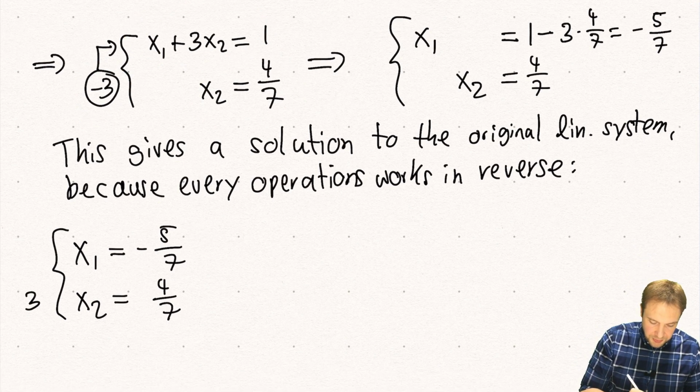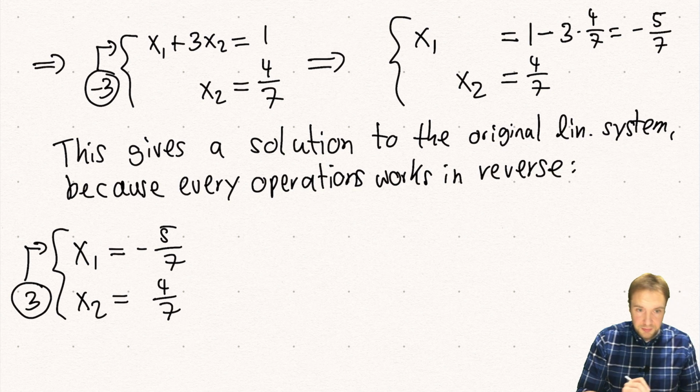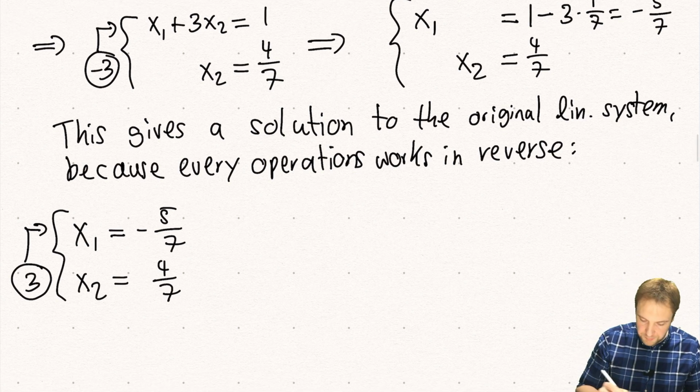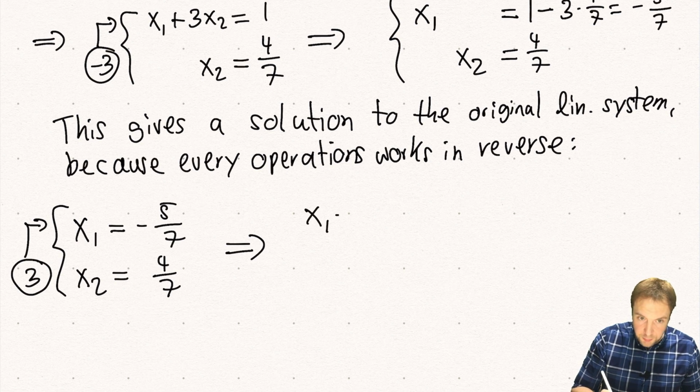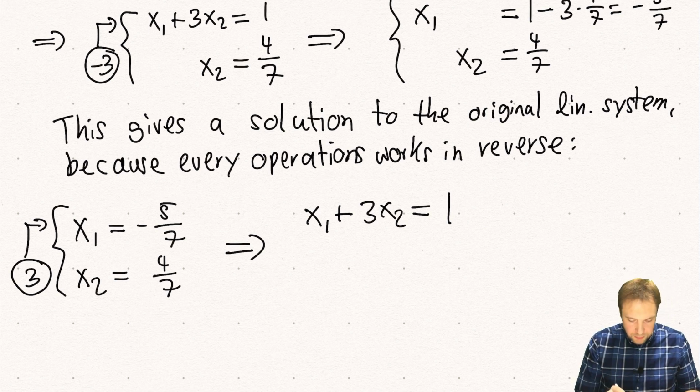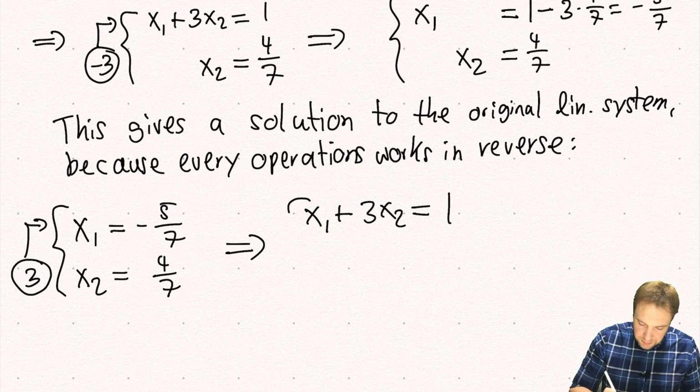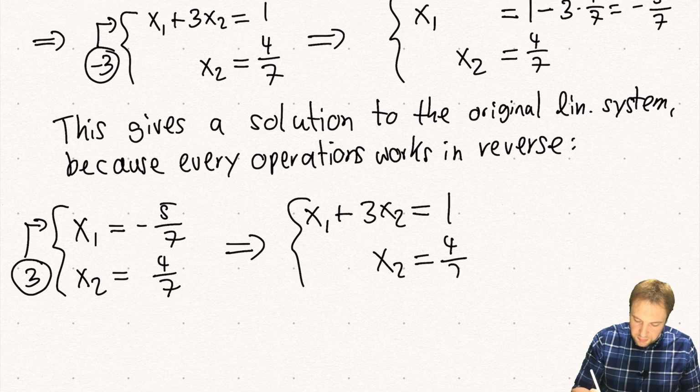So this means if I would add 3 times this to this, then what I get is x1 plus 3x2 equals 1, because 12 over 7 plus minus 5 over 7 is 7 over 7. And here we still have x2 equals 4 over 7.